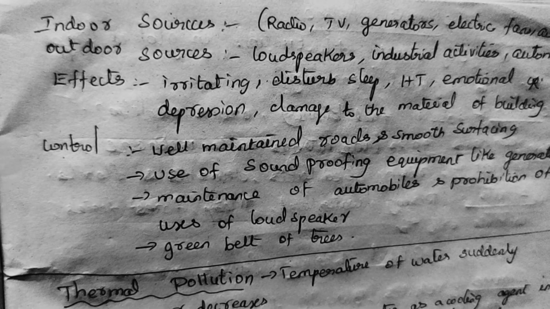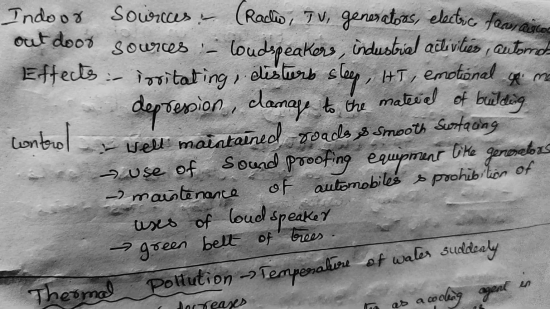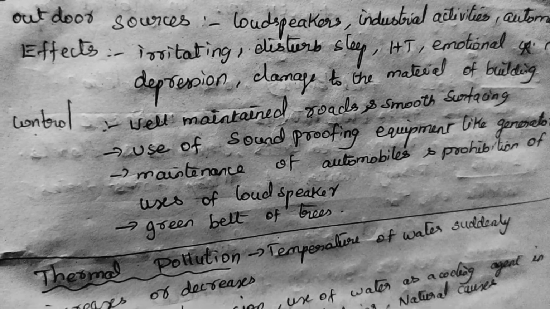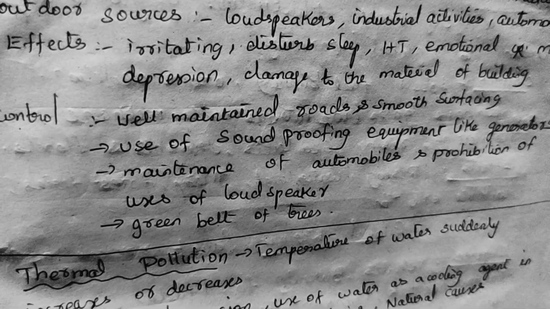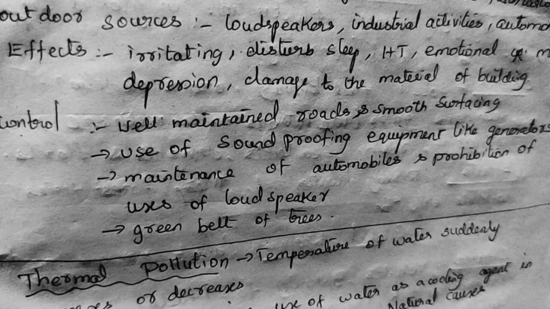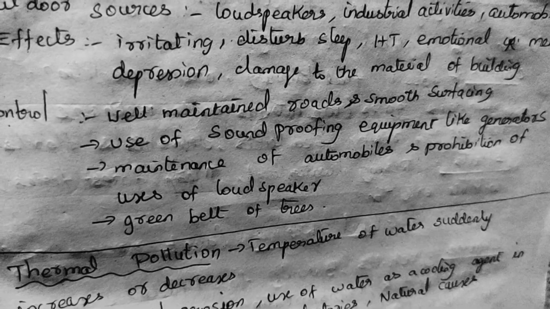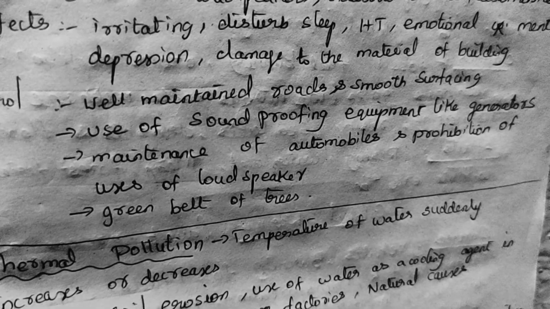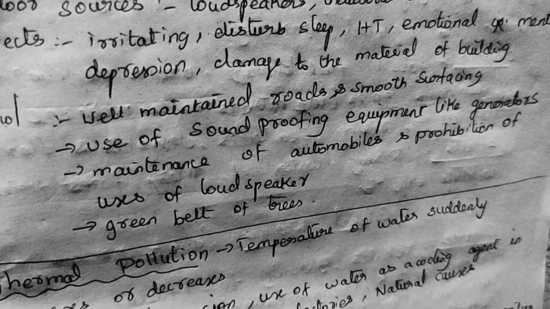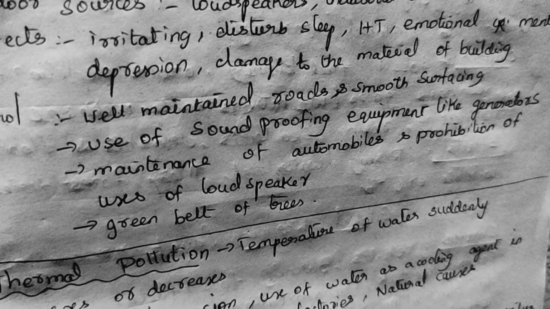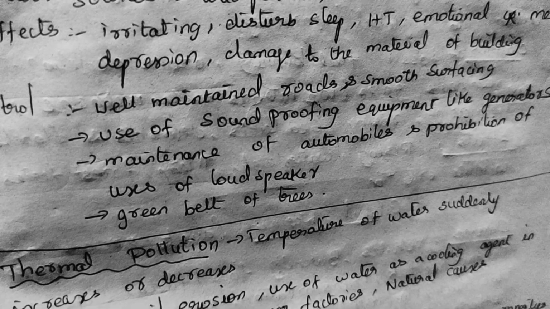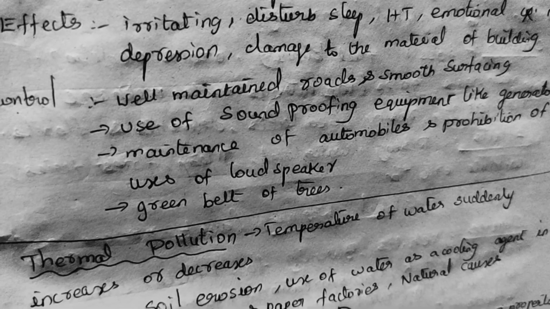Then indoor sources: radio, TV, generator, electrical fans, air cooler. And then outdoor sources like loudspeakers, industrial activities, automobiles. And what are the effects? Irritation, disturbed sleep, hypertension, and then emotional and menstrual problems, depression, and damage to the materials of buildings.